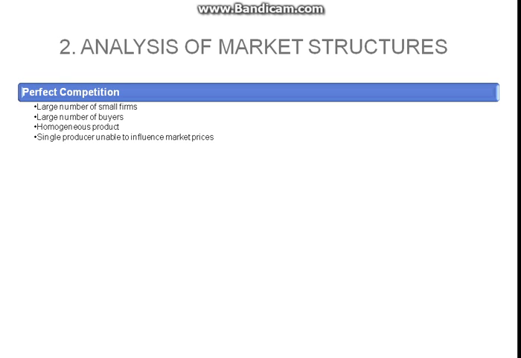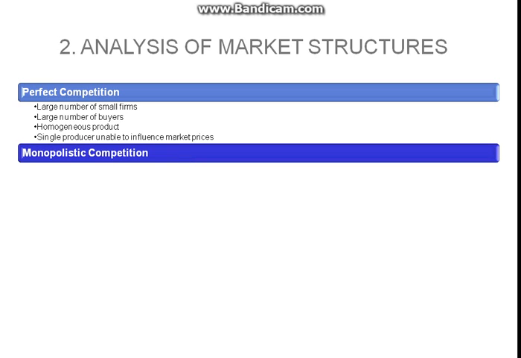Homogeneous product means the products are the same in size, in packing, in taste, in everything. They are just the same and cannot be differentiated by the consumer. A single producer is unable to influence the market price. So if these conditions are fulfilled, that market structure is called perfect competition.